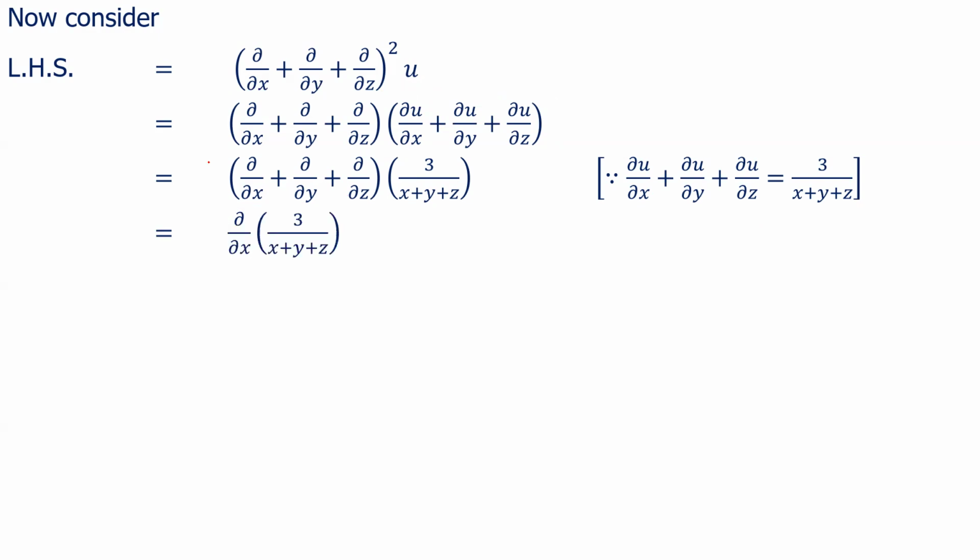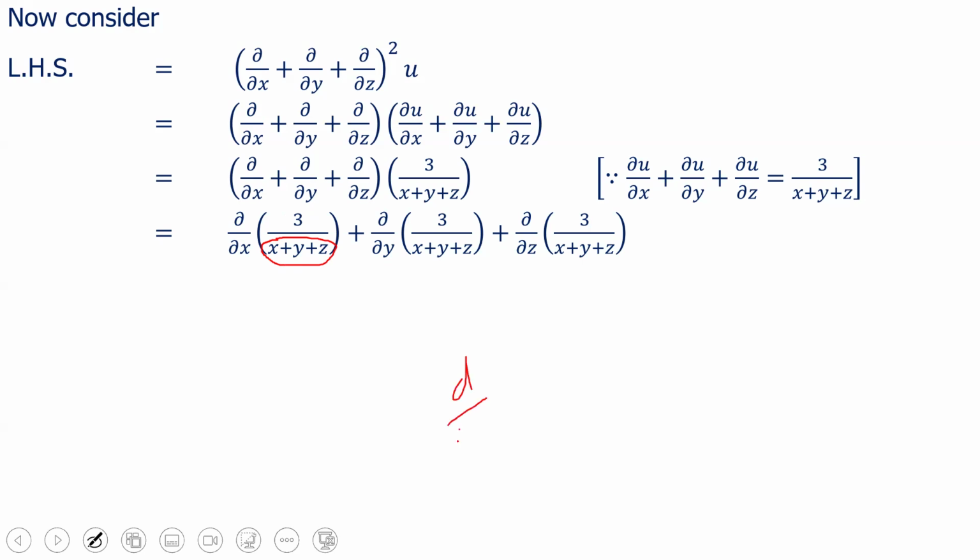Now let us simplify this one. So we can write down del x of this, del y of this, plus del z of 3 upon x plus y plus z. Now we consider x plus y plus z as only x. So what is the derivative of 1 upon x? This is nothing but minus 1 upon x square.